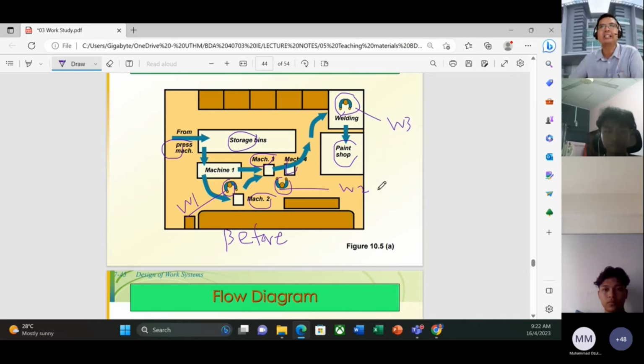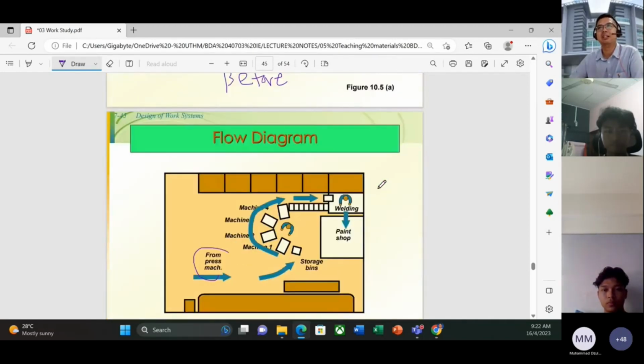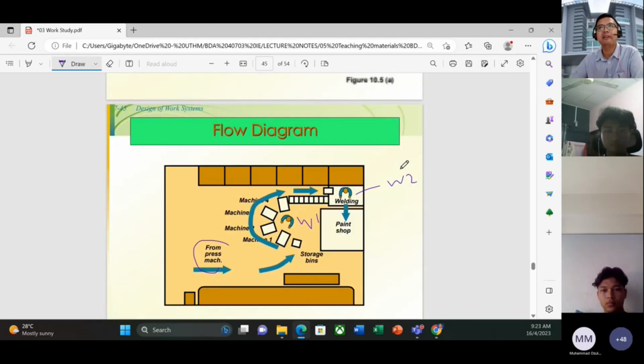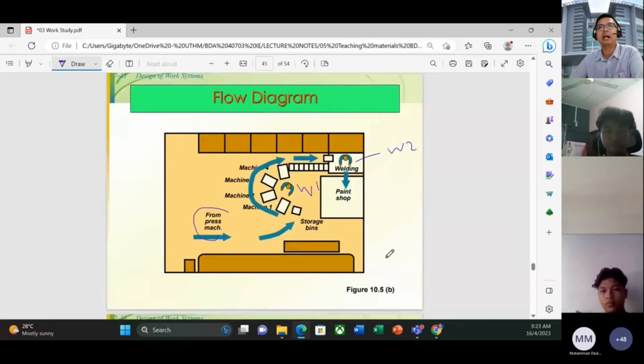When we redesign this workstation, we can eliminate one worker. We can use only worker 1 and worker 2, compared to the existing one that needs 3 workers. After, we have only 2 workers. This is after. So how will we design?